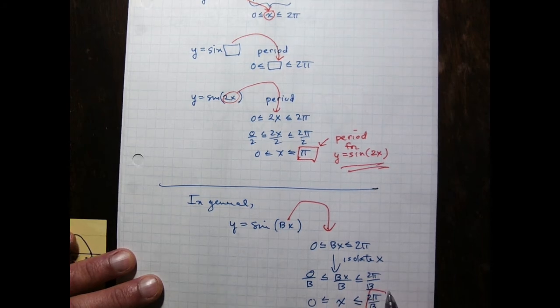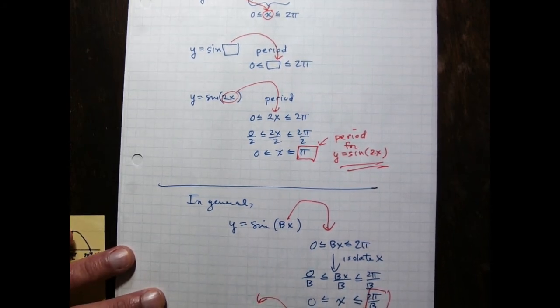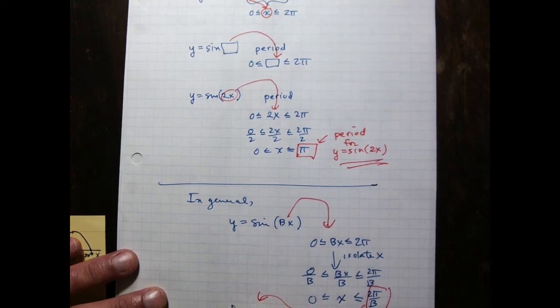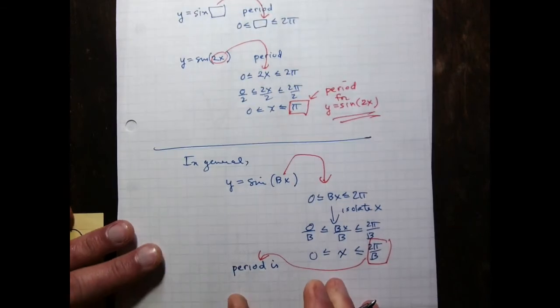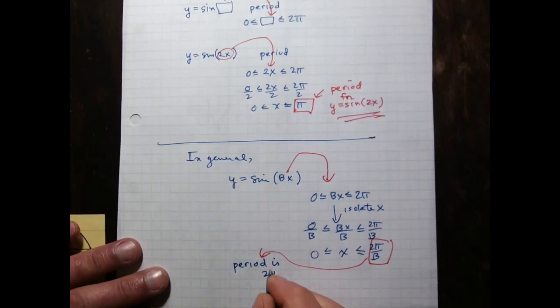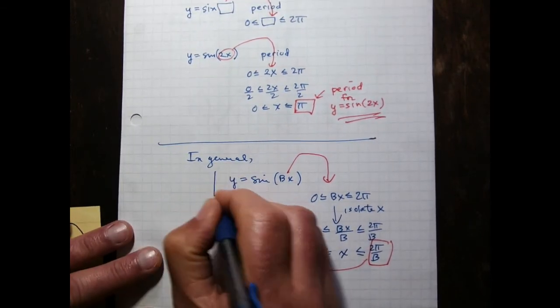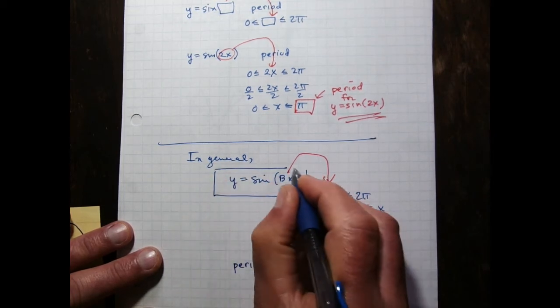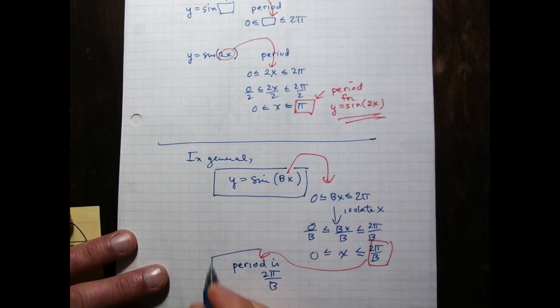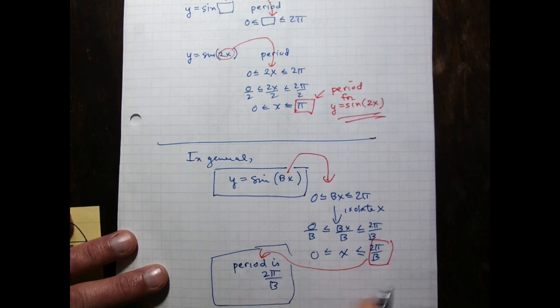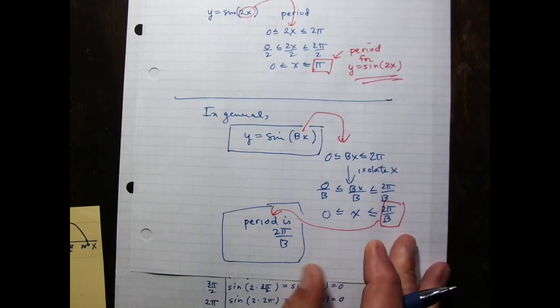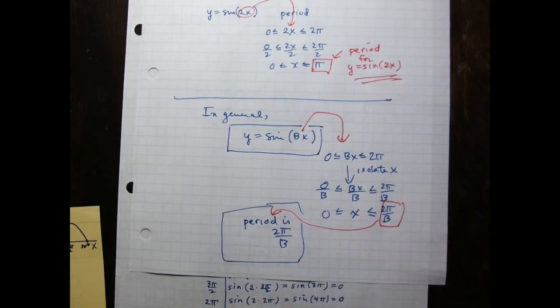That 2 pi over b is the period. So if you start out with this kind of function, sine of bx, its period is always going to be given by this formula: 2 pi over b.